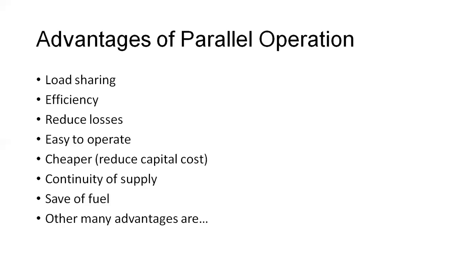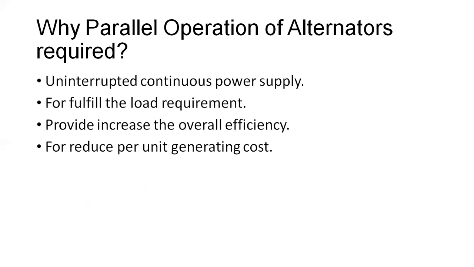Mostly in industry as well as power supply we cannot depend on a single alternator. We need to depend on a larger number of alternators. So if any problem occurs in one alternator, the supply will not be disturbed.